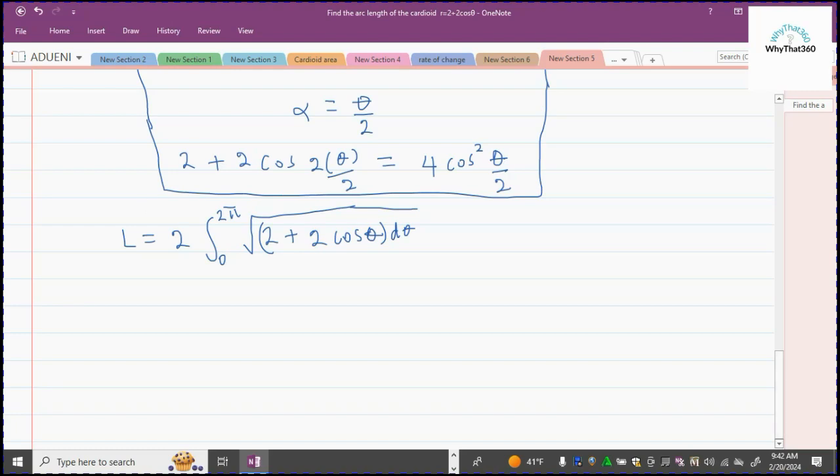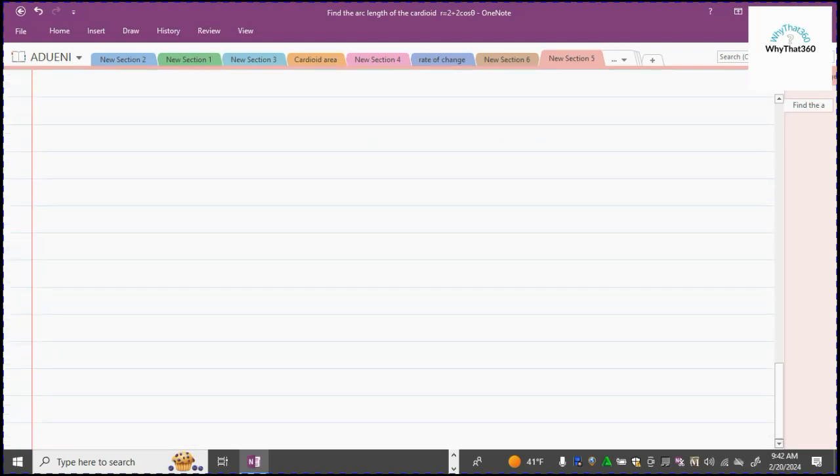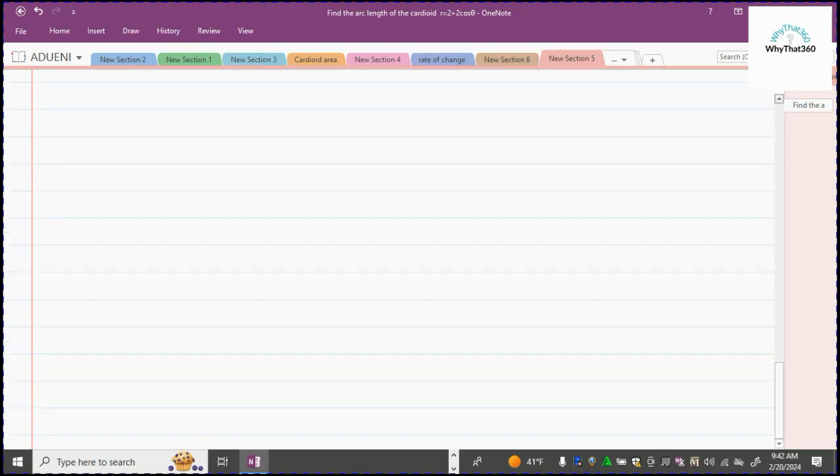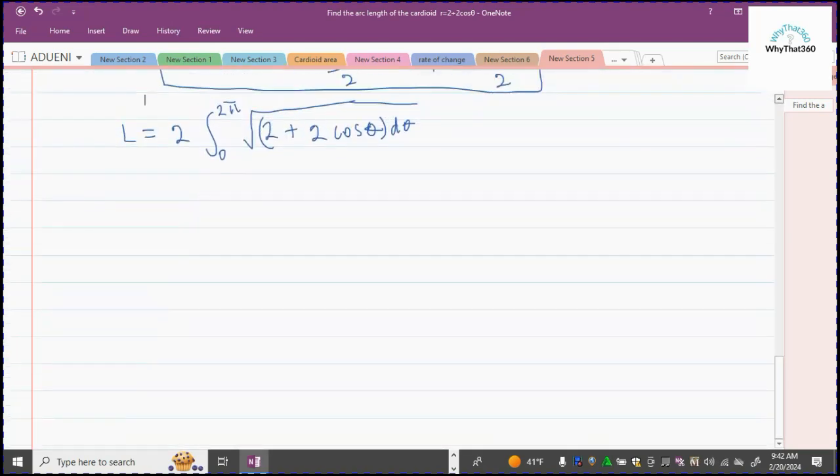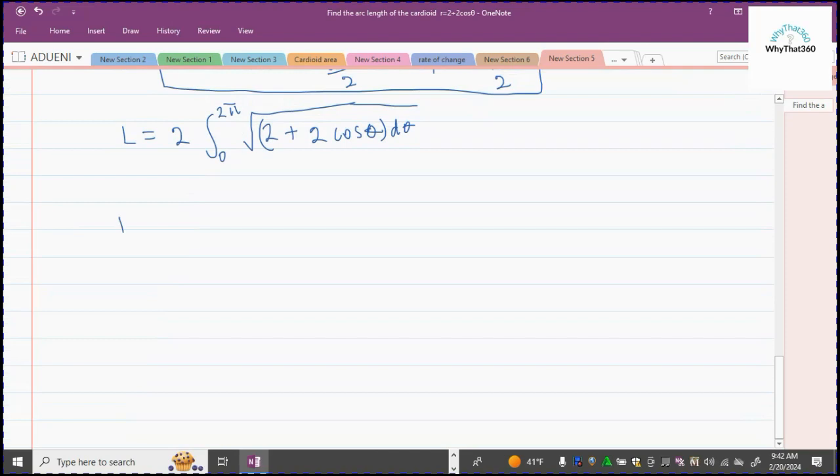Let me go up a bit and substitute that. We will have L, which is the length, equal to 2 times the integral from 0 to 2 pi.